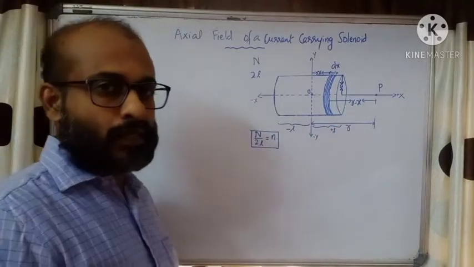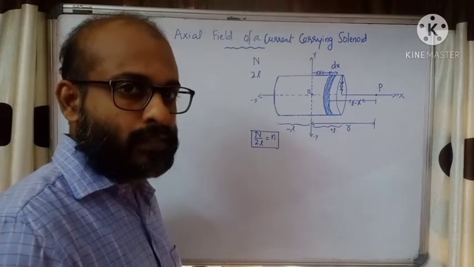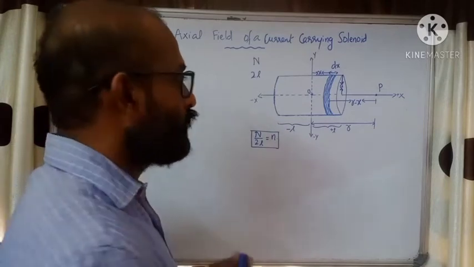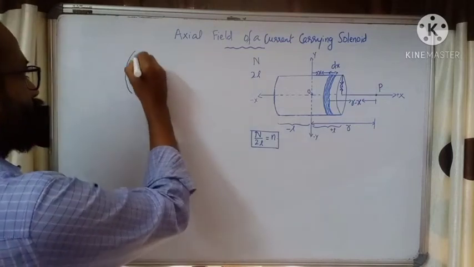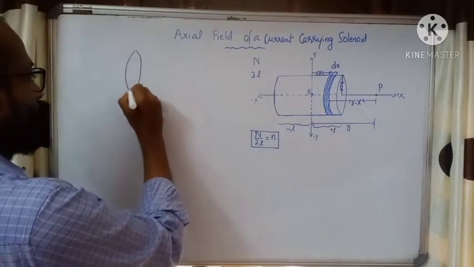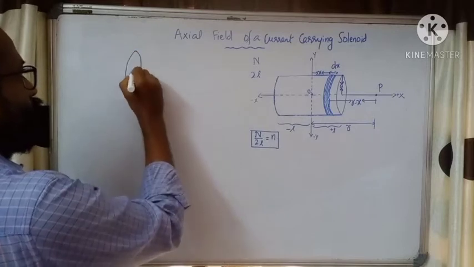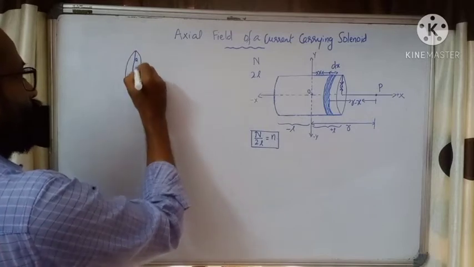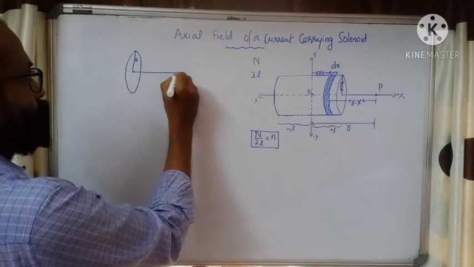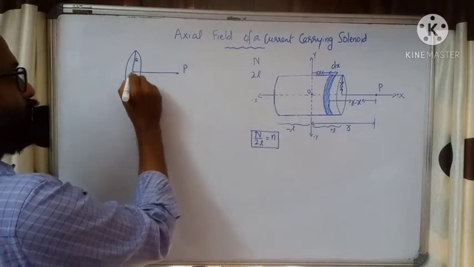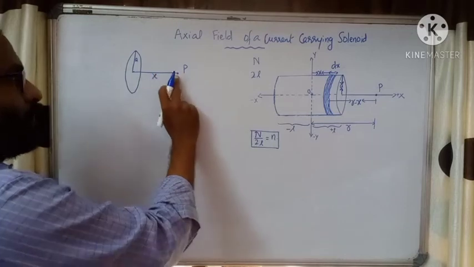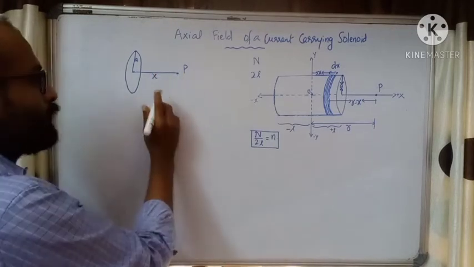So in moving charges and magnetism, using Biot-Savart law, we have a derivation. We have seen that if you have a current carrying circular coil of radius a, at an axial point P, if this distance is x, there will be a magnetic field at the point P. What is the magnetic field?